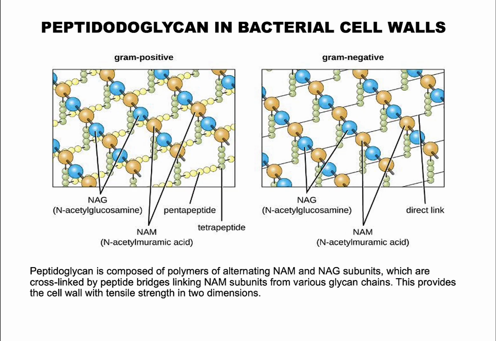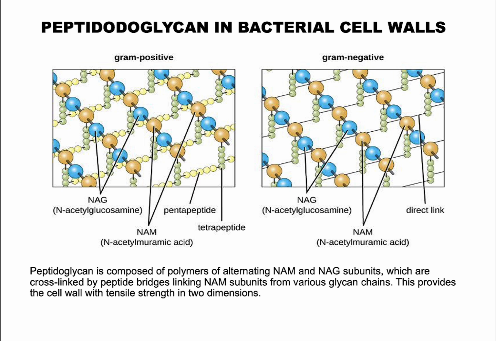The primary element of the bacterial cell wall is known as peptidoglycan or murein, which is unique to bacteria. In terms of structure, the peptidoglycan appears as a mesh-like layer. Each layer consists of long chains made up of alternating molecules of N-acetylglucosamine or NAG and N-acetylmuramic acid or NAM.